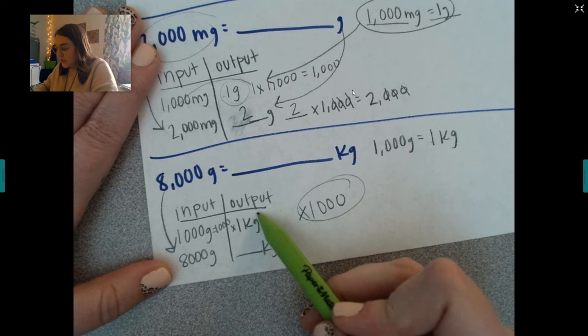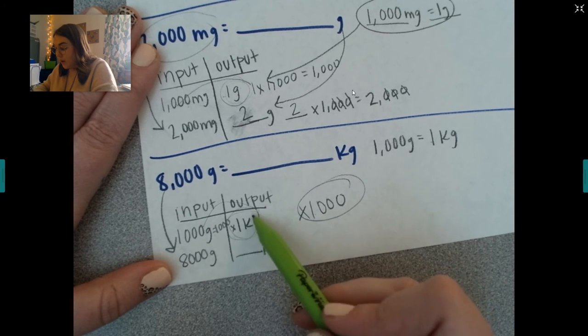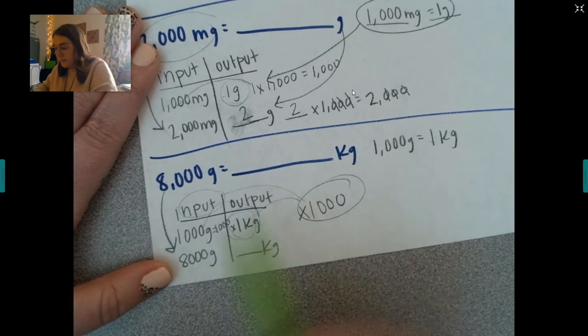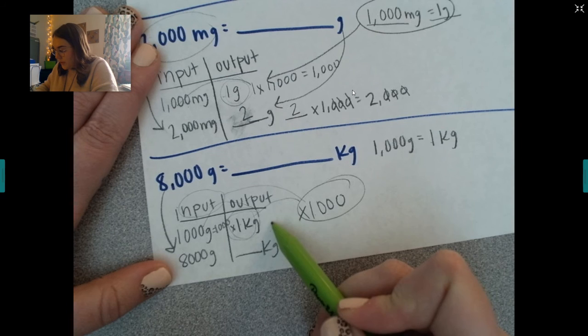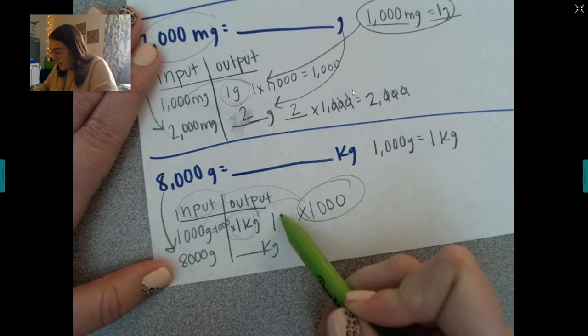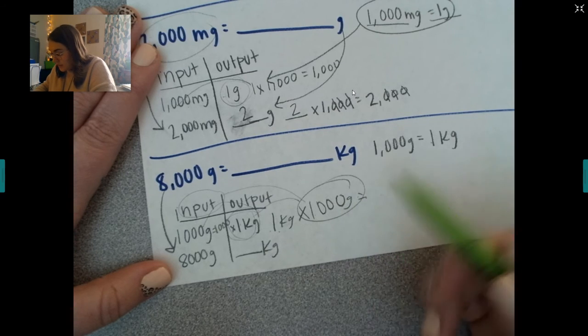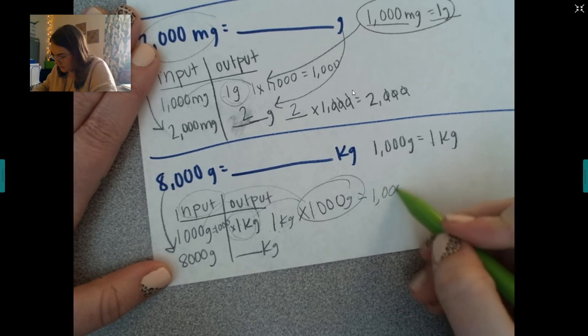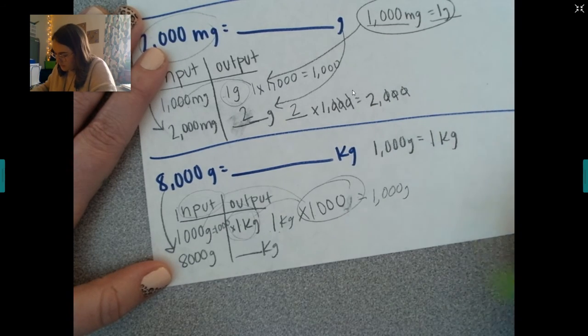You just got to figure out, am I timesing the output by the input? Or am I timesing the output by 1,000? Or am I timesing the input by 1,000? In this case, I'm doing the output. So the output, which is 1 kilogram, times 1,000 equals 1,000 grams.